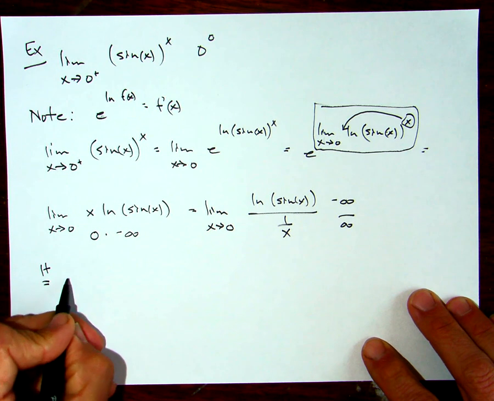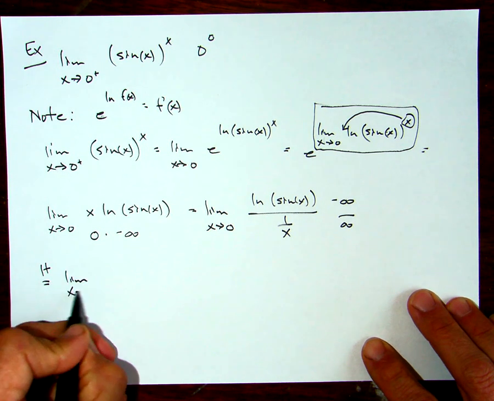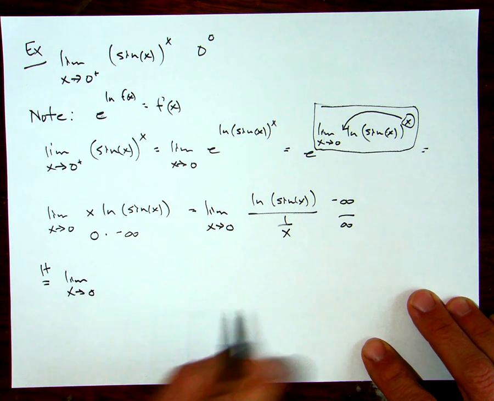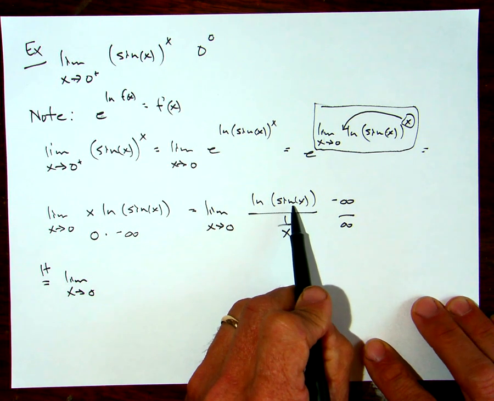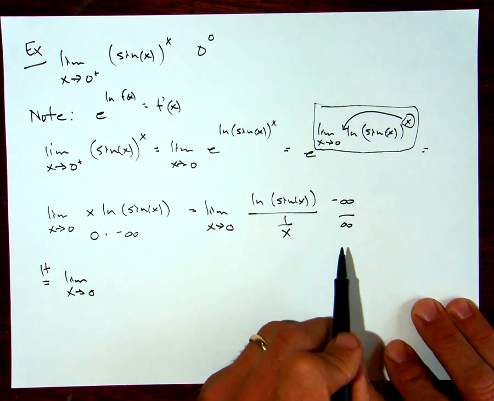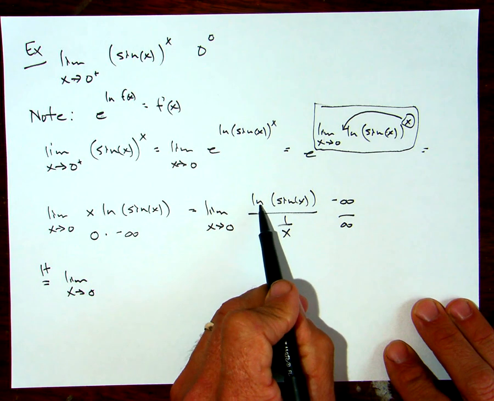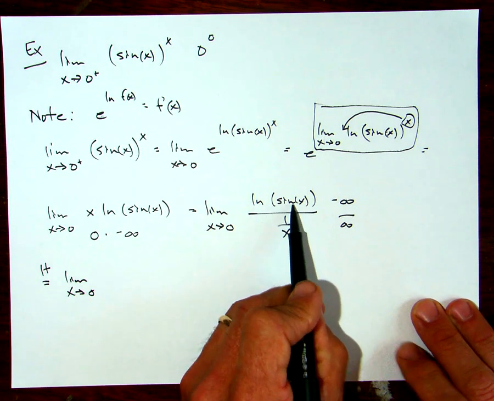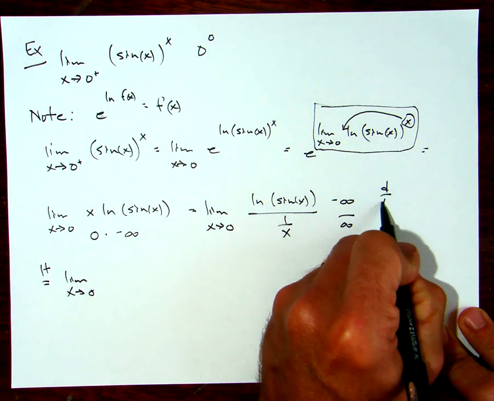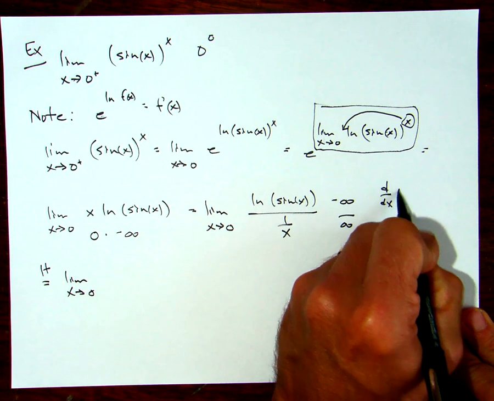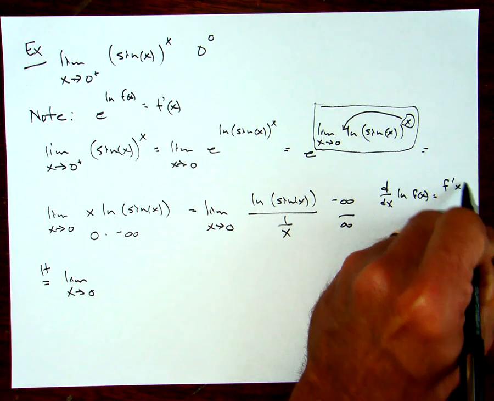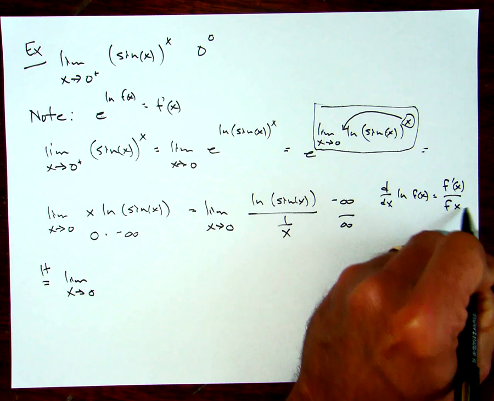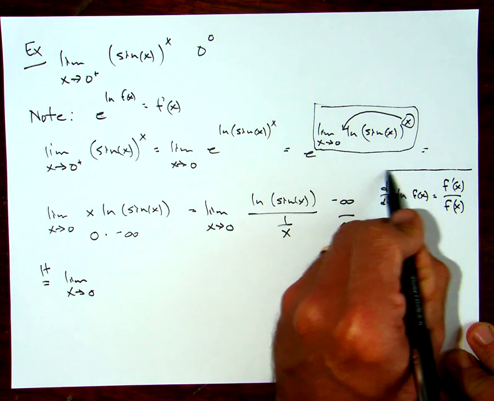So this is going to be the limit as x goes to 0, and we need to remember how to take the derivative of something like this. The derivative of the natural log of a function is the derivative of the function over the function. That's a consequence of the chain rule.